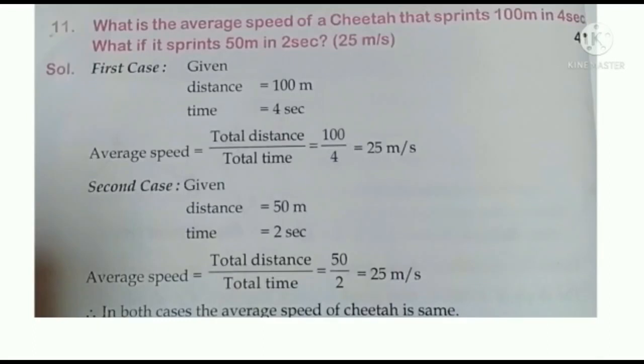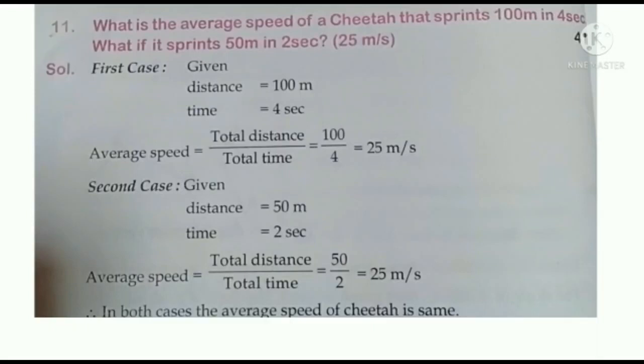In the second case, the given distance is equal to 50 meters. Time is equal to 2 seconds. So we find the average speed. What is the formula? Total distance by total time.